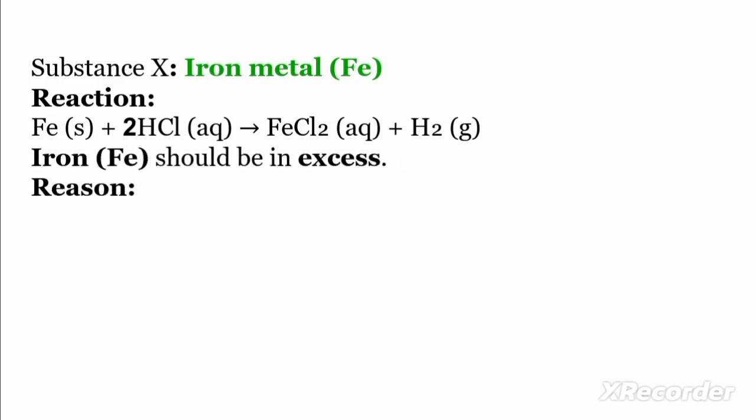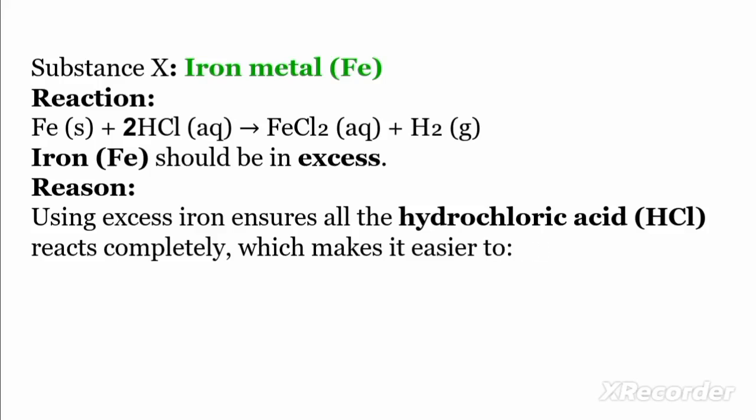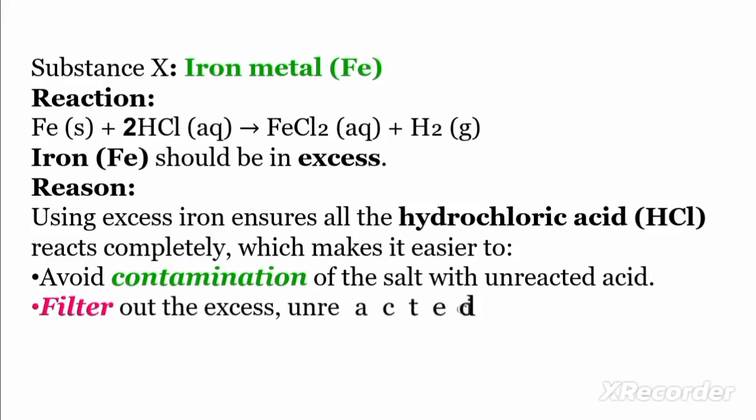Okay, substance X. Reason: using excess iron ensures all the hydrochloric acid reacts completely, which makes it easier to avoid contamination. So having excess substance X makes sure that all hydrochloric acid is reacted to avoid contamination.